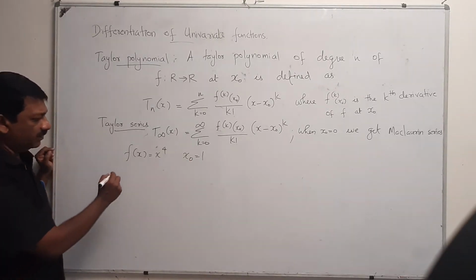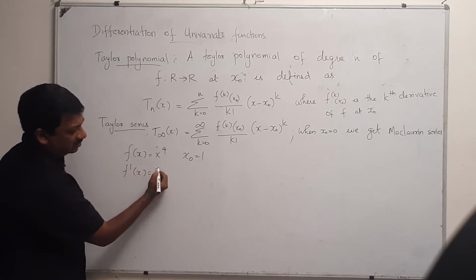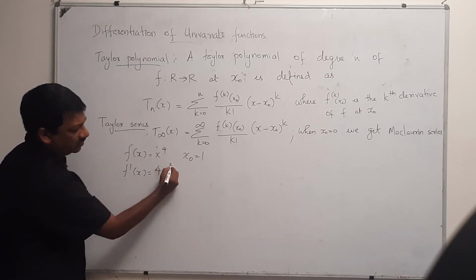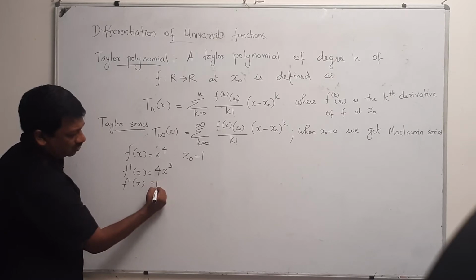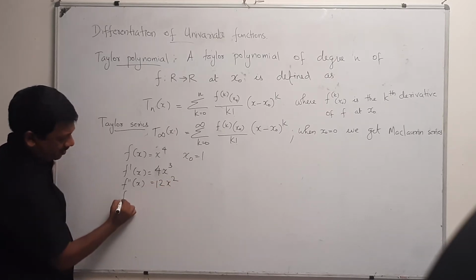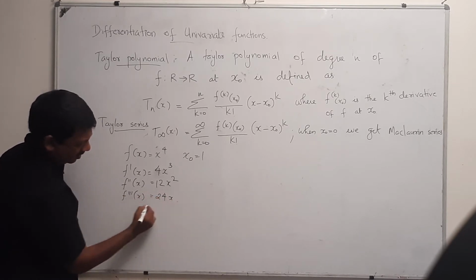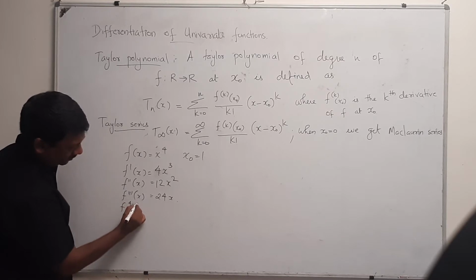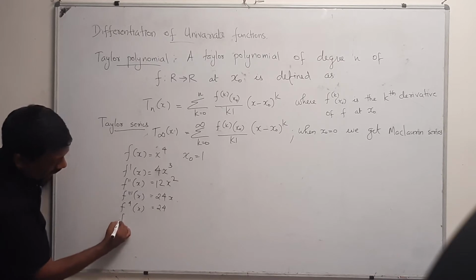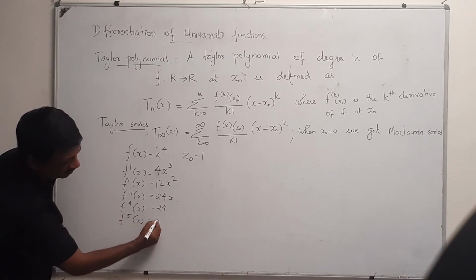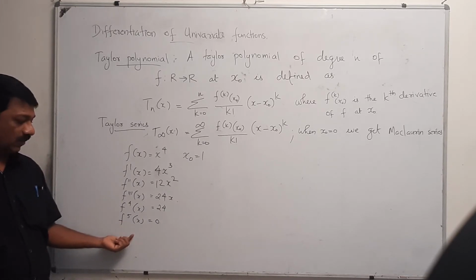Now, what is f dash of x? f dash of x is equal to 4x cube, and f2 dash of x is equal to 12x square. Then f3 dash of x is equal to 24x, and f4 of x is equal to 24, and f5 of x is equal to 0, and all subsequent derivatives will be 0.